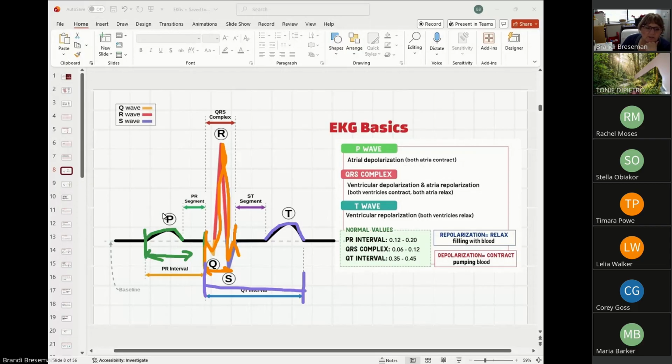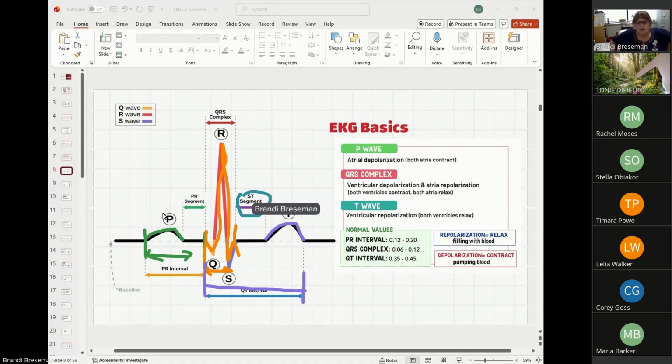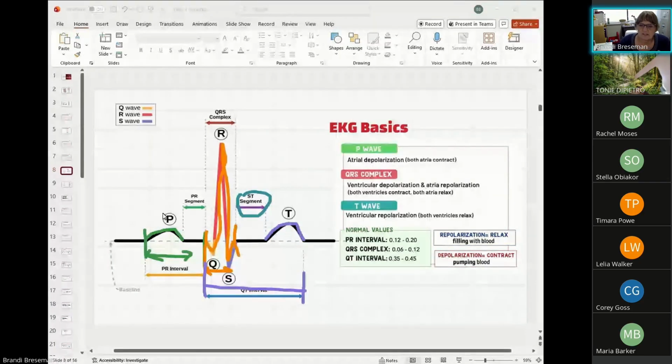There's one other area I want to draw your attention to, and that is this ST segment right here. Remember when I said we were talking about MIs on Monday, myocardial infarctions, and I said there's STEMIs and non-STEMIs. And the STEMI is an MI that causes an ST elevation. And that ST elevation you're going to see on your EKG.